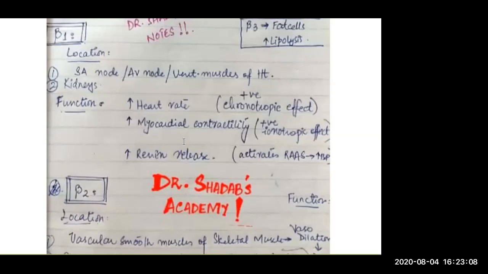It starts from this renin release, and the last product which we get to increase the blood pressure is angiotensin 2. So now you get this whole thing.